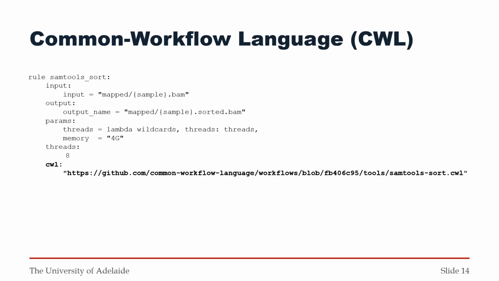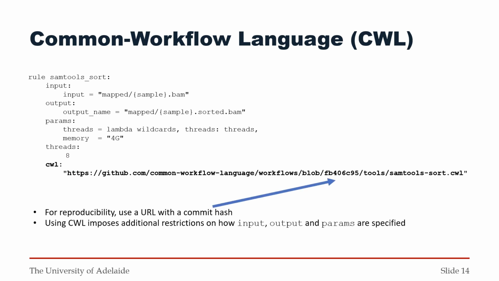It also supports the Common Workflow Language, again for reuse. However, for reproducibility, these links really should have the Git hash in there so that you can always run the same workflow in future. Using CWL also imposes some additional restrictions on how you specify the input-output parameters for the rule. I haven't personally played around with this yet, so I can't really comment too much more.